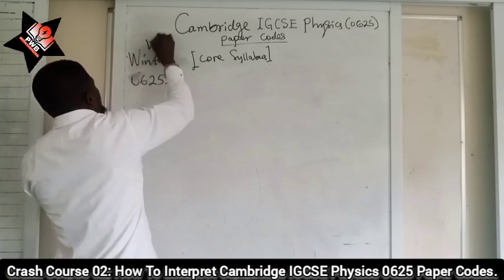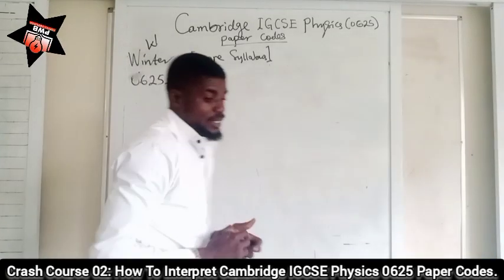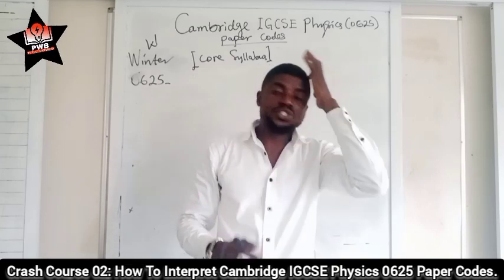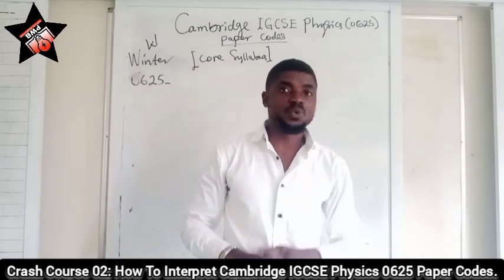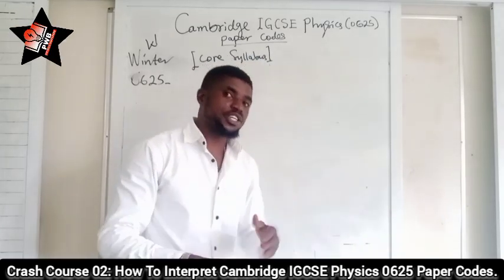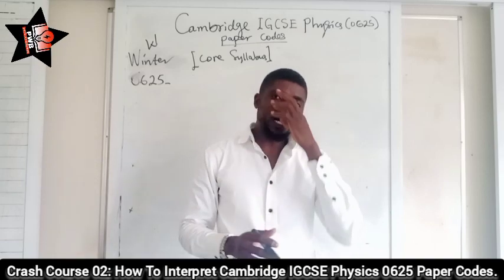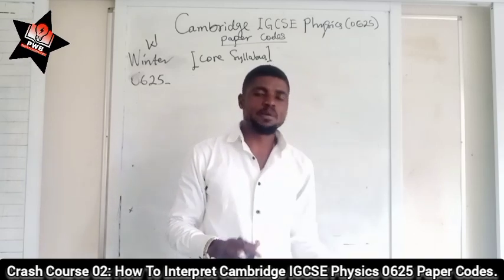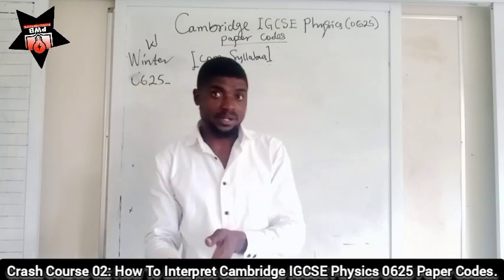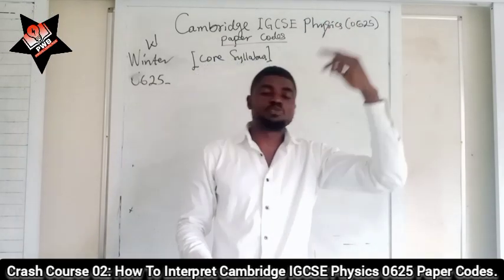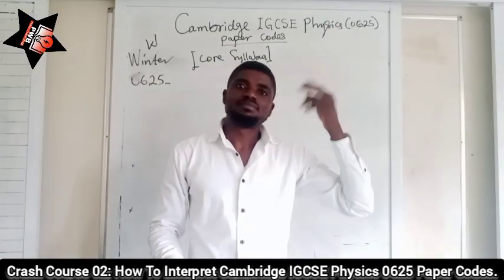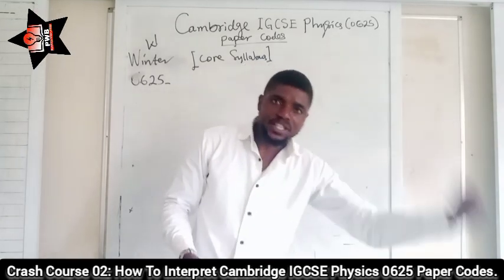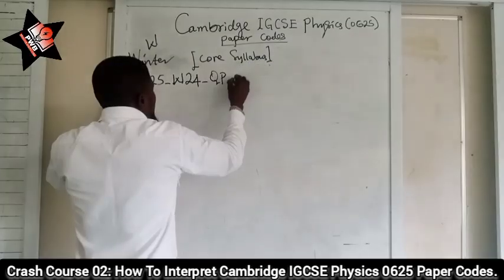Let's go for winter, because the next exam season for this year is winter. That is the last exam season for this year. Winter is denoted with W, October/November. Then to start next year again with spring, summer, and then winter again. That is the pattern of the exam.